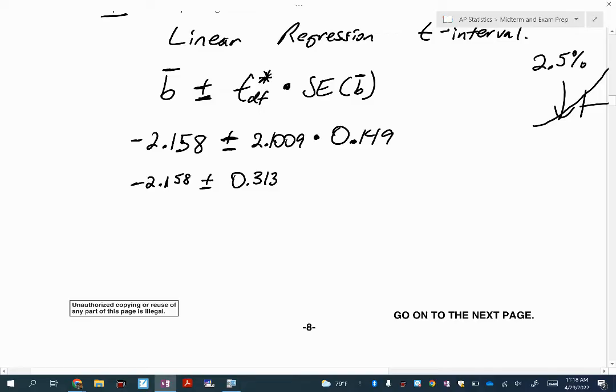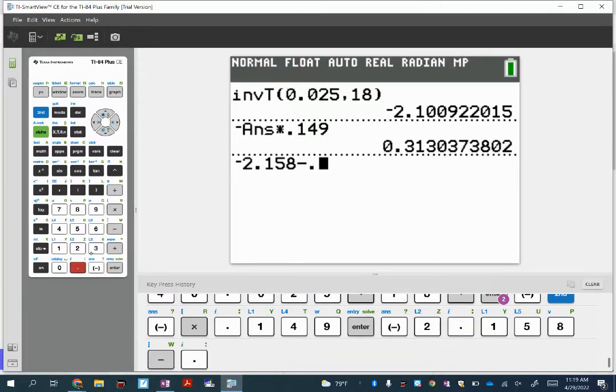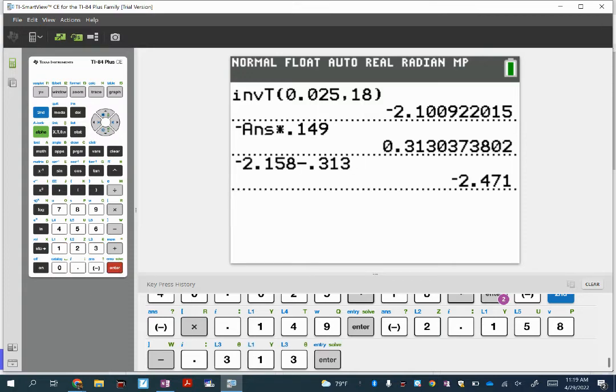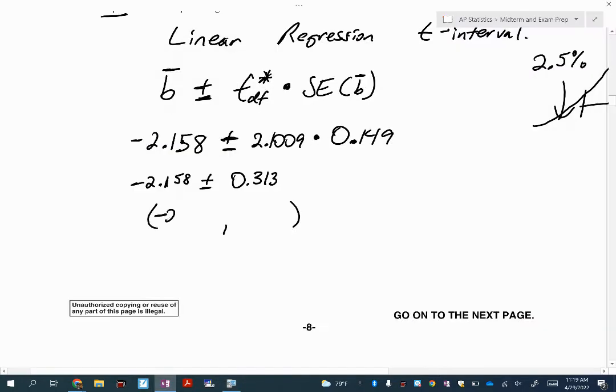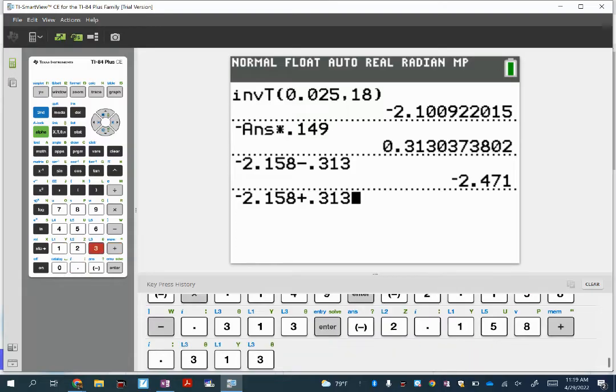And then you take your statistic, which is the negative 2.158, and add it and subtract it. All right, so subtracting it gives me negative 2.471, and then adding it gives me negative 1.845.